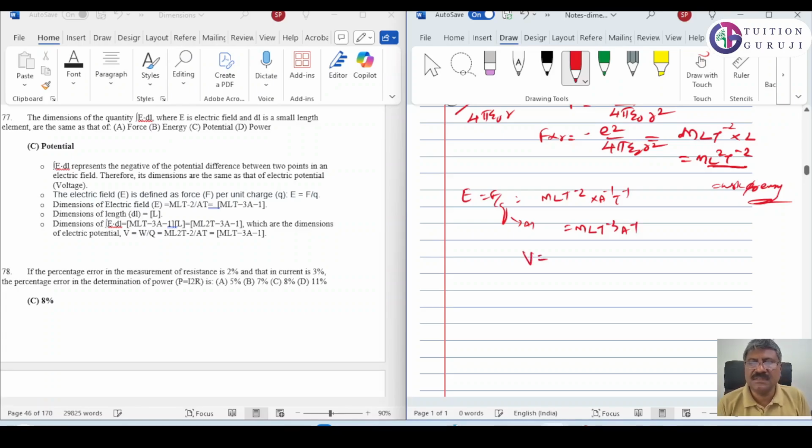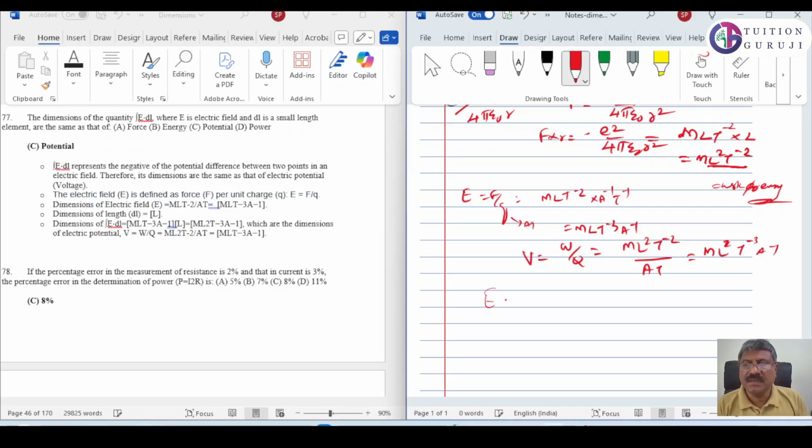Voltage, that is electric potential, is W by Q, which is M L square T raised to minus 2 divided by AT. That is M L square T raised to minus 3, A raised to minus 1.